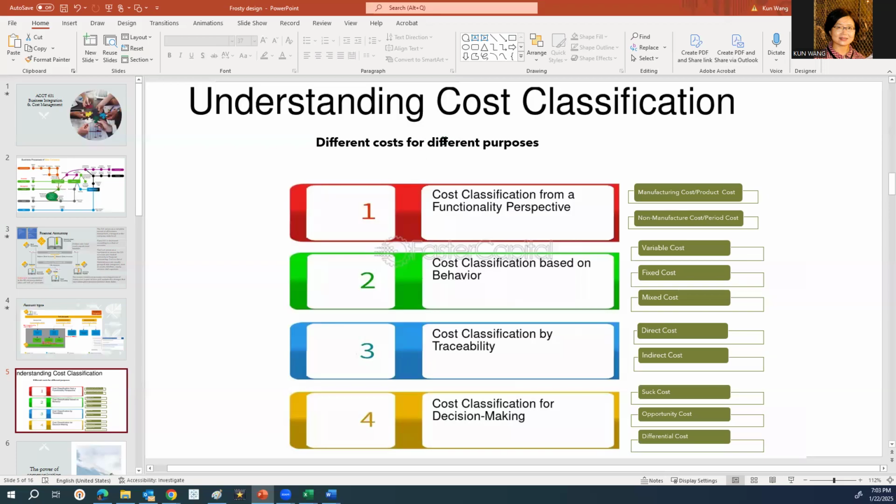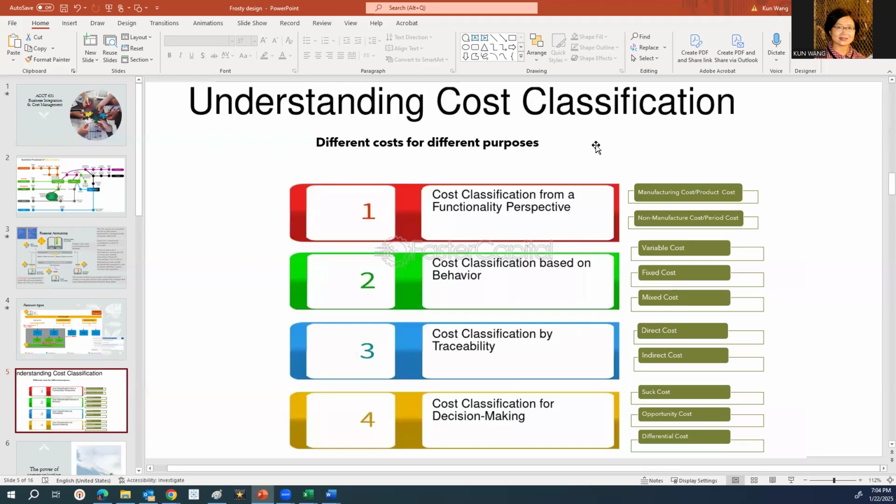is: different costs for different purposes. Because it seems to be a little bit overwhelming, right? Especially if you haven't really touched upon managerial accounting or the cost concepts, they introduce more than 5 or 6 different ways we can classify the cost.